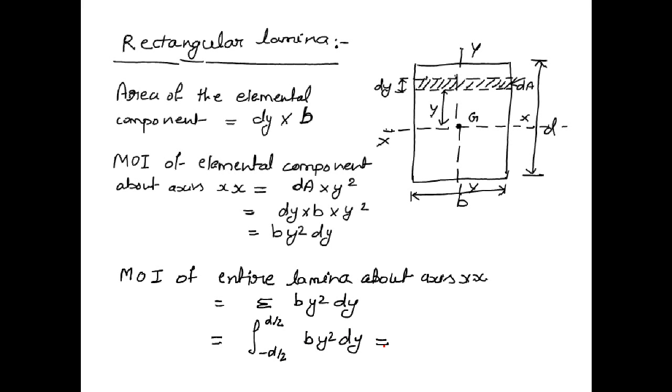If we simplify this, we will get b y cube by 3 from minus d by 2 to plus d by 2. The simplification will be b d cube by 24 plus d cube by 24.